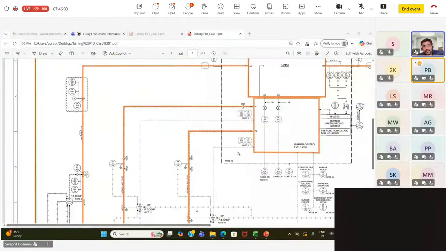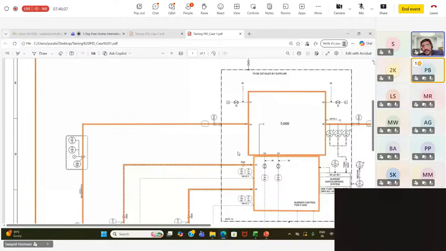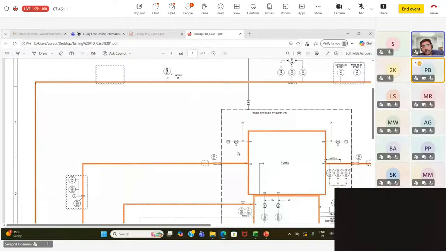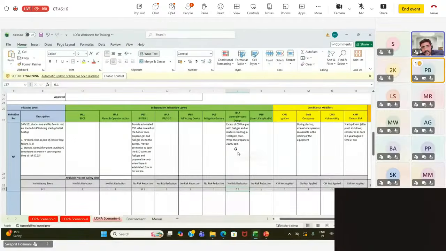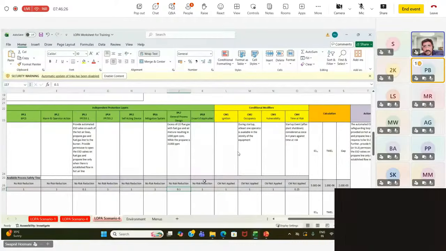This is the hot air line for combustion, whereas they say that there is so much excess gas from this bypass line from the heater that they will never reach the composition of the LEL level. So based on their argument and rationale and their insistence, I've considered 0.1. Again, if I had not considered this 0.1, this would have gone to SIL 4 level, which was also a concern. So at that point we did consider the client's recommendation to have this as a credible reduction.